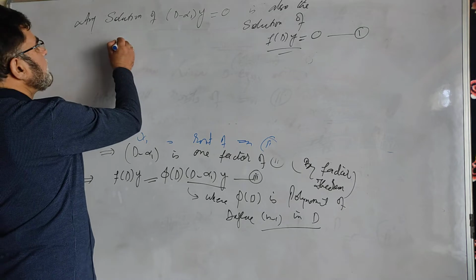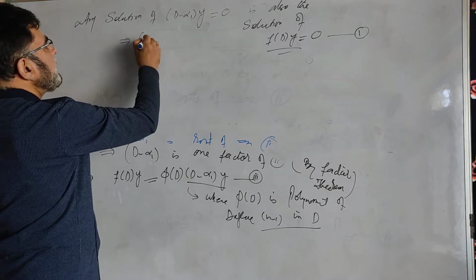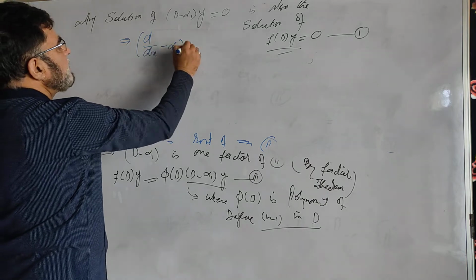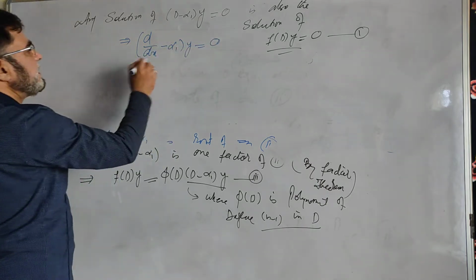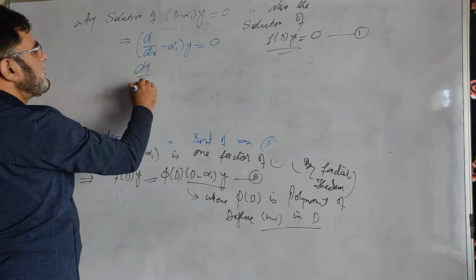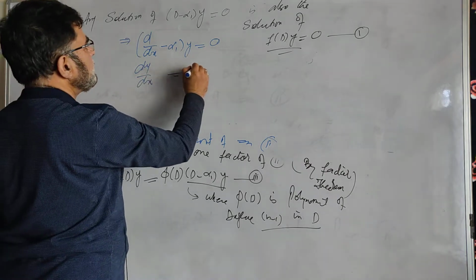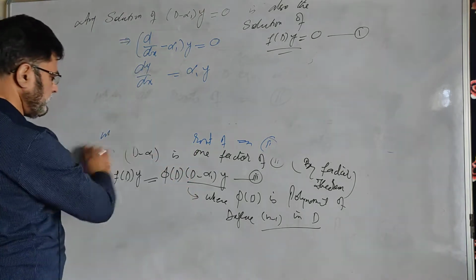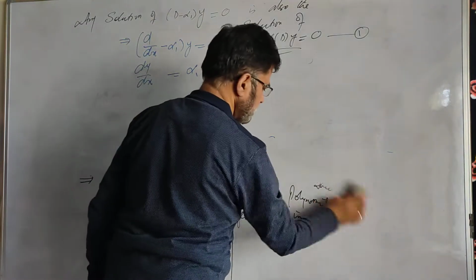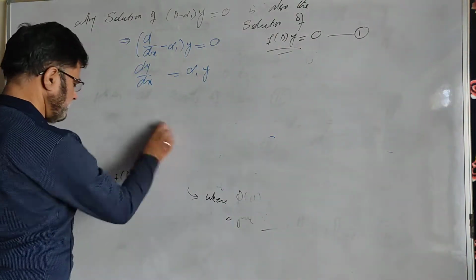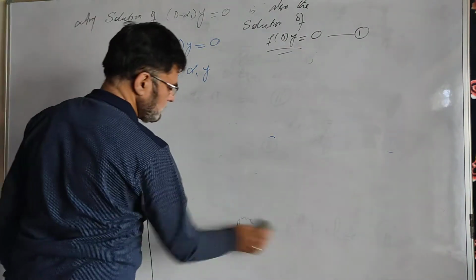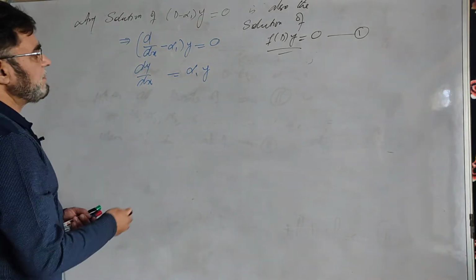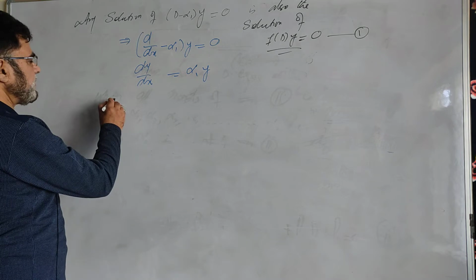Well, what is this now? This implies D minus alpha 1 y is equal to 0, that is, dy by dx is equal to alpha 1 y. Variables are separable, I will write.